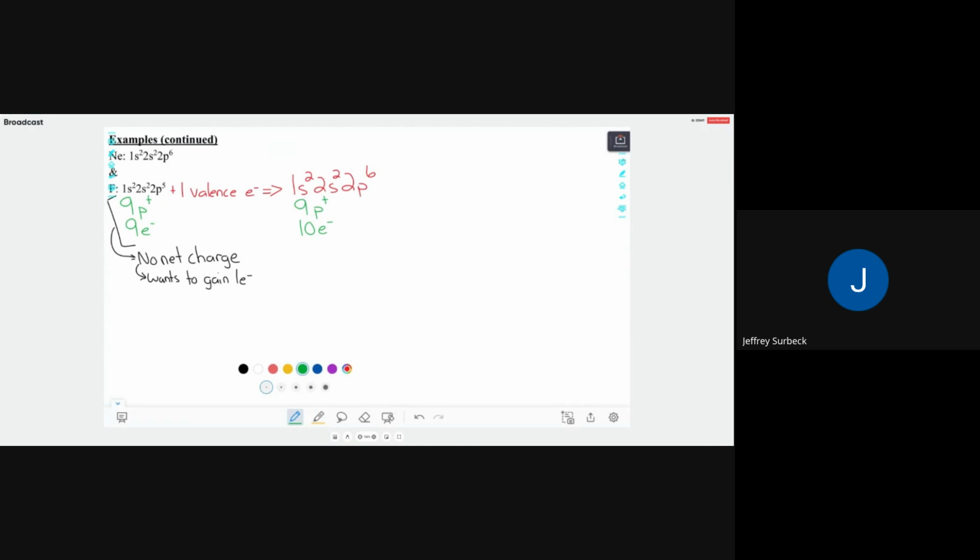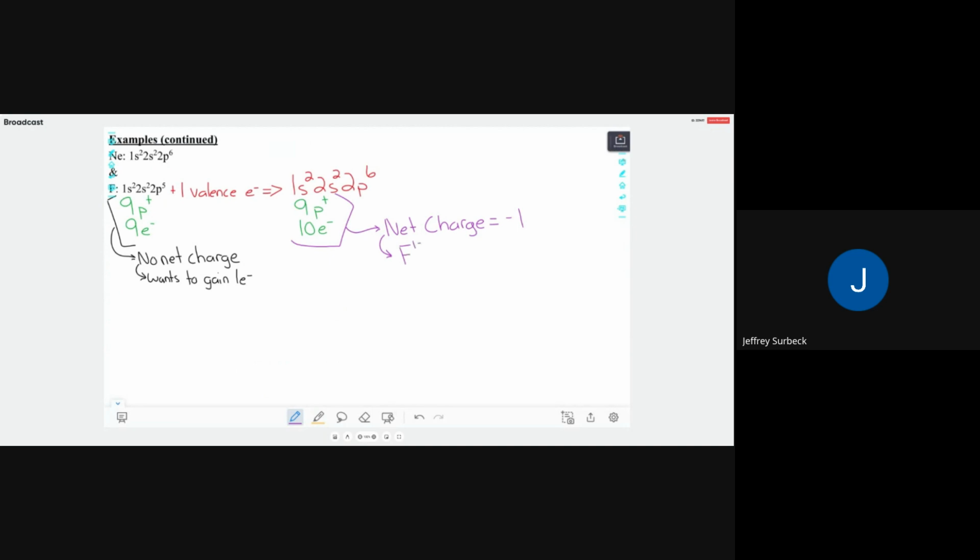So through a chemical reaction, by obtaining one additional electron here, it now has a net charge of -1. And as a result, it's no longer a fluorine atom, but it is a fluoride ion.